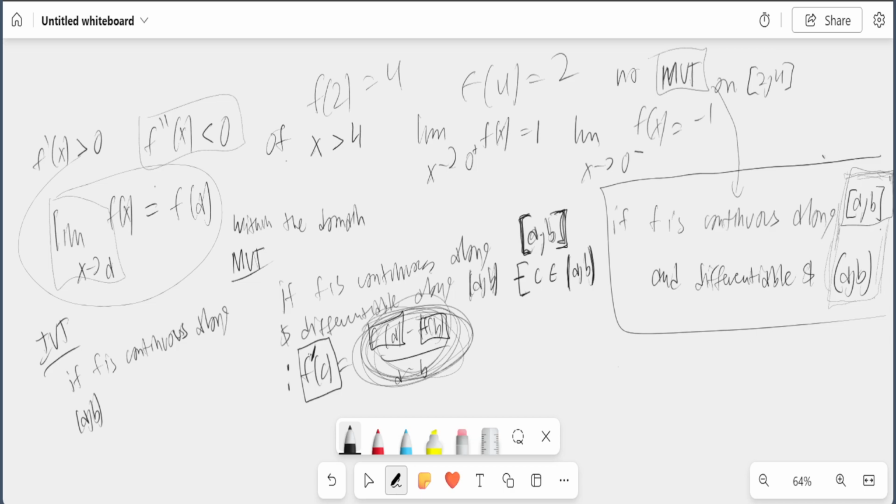If f is continuous along a and b, for all c an element of a, b, there exists m, an element of f of a, f of b, such that f of c is equal to m.